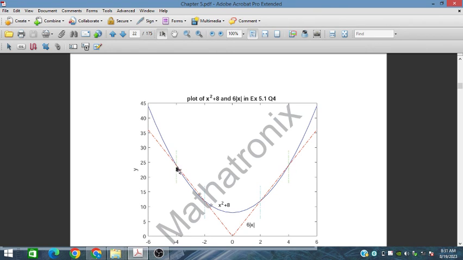So from this, I'm not explaining it but just showing it, that here this same modulus line, so this is the reflection, and on the other side we have this term x square plus 8. This blue line is basically x square plus 8, and this 6 modulus x is this red line, and we can see that it is intersecting at 4 points.